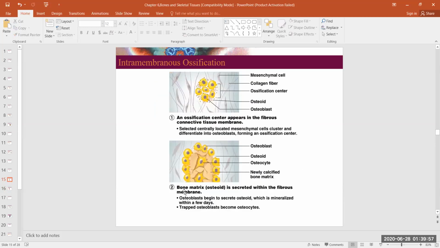Later, as I told you earlier, the osteoid thickens and surrounds its own osteoblasts, which become osteocytes. Some of the osteoblasts start moving outside, making the newly calcified bone matrix. Then calcium phosphate, which blood brings, is deposited. Osteoblasts begin to secrete osteoid within the fibrous membrane, and trapped osteoblasts become osteocytes in their own matrix, okay?